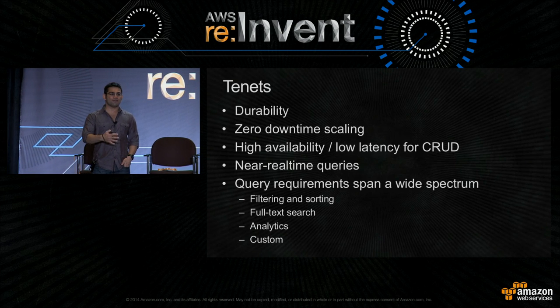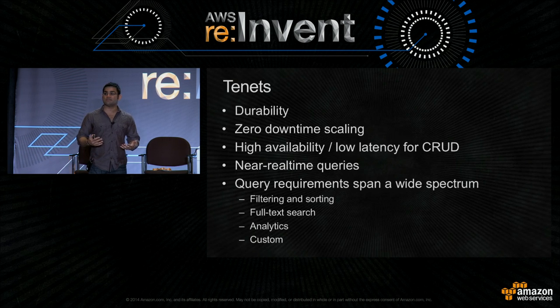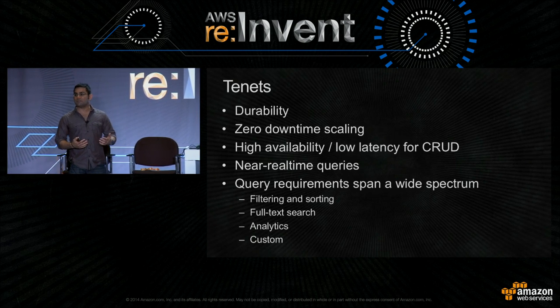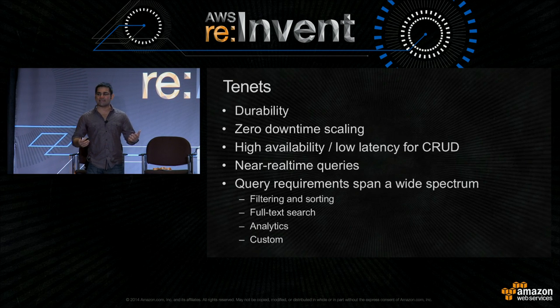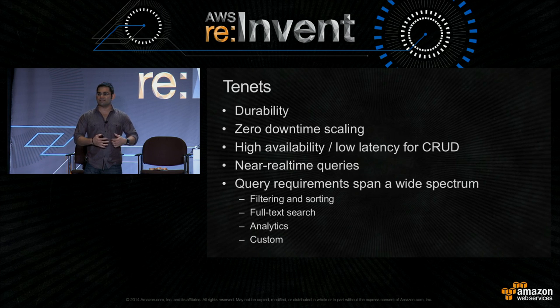And there we can have higher latency, but the queries are much more heavyweight. And finally, we have some custom requirements as we scale out the third-party API. We're going to have developers come in with query requirements and aggregations that are really specific to their application.